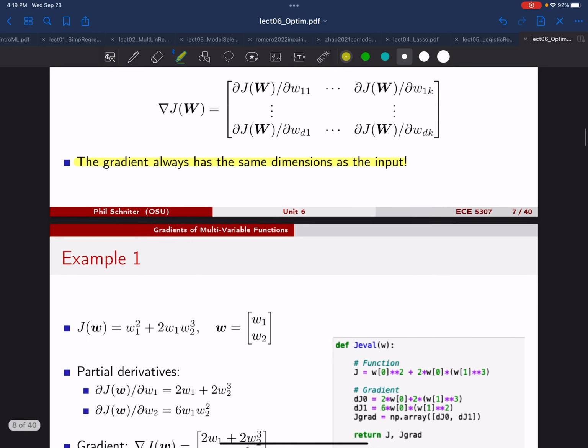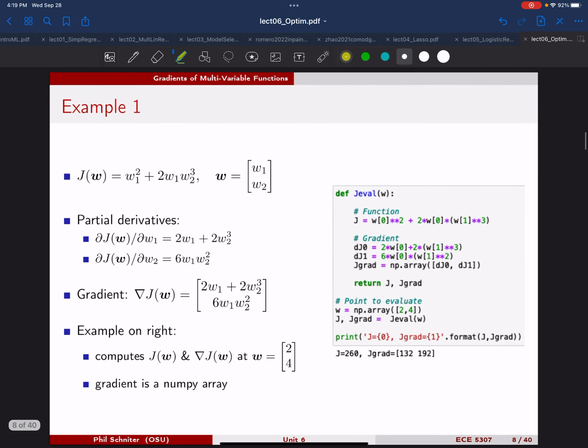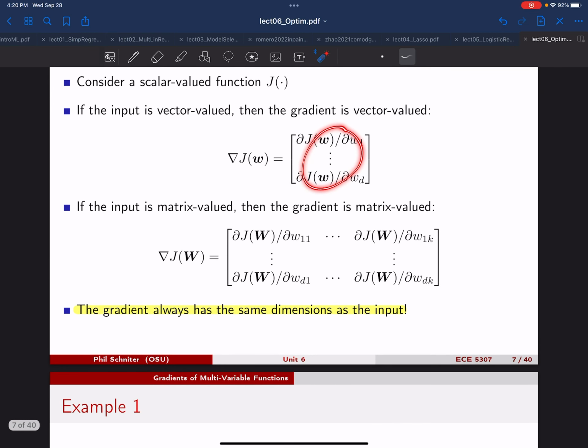Let's do a simple example. Say we have a function j of w, where w is a vector with two entries, and it has this expression. To compute the gradient, we compute the partial derivative with respect to w1, then the partial derivative with respect to w2, and then stack them into a vector.